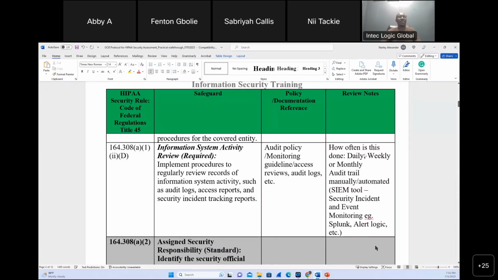The frequency of reviewing the audit logs, or how people are assessing the environment, is really important, right? So how often is this done? Is it daily, weekly, or monthly? Is there any audit trail?